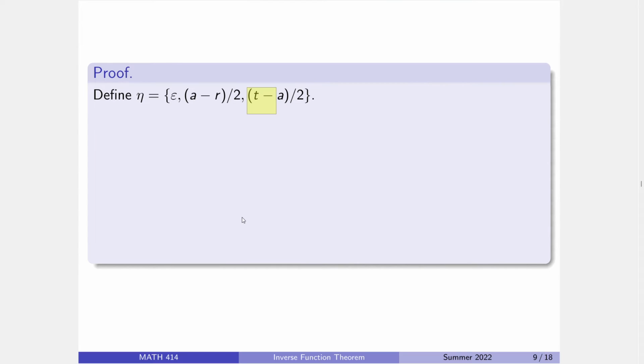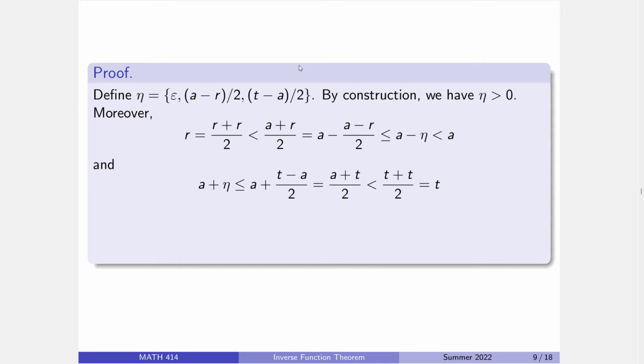Okay, now what are we going to do? Now we're going to do our favorite little trick. We're going to subtract eta off of a, and we're going to add eta to a. Note that r is strictly less than a minus eta, which is strictly less than a. A plus eta is strictly less than t.